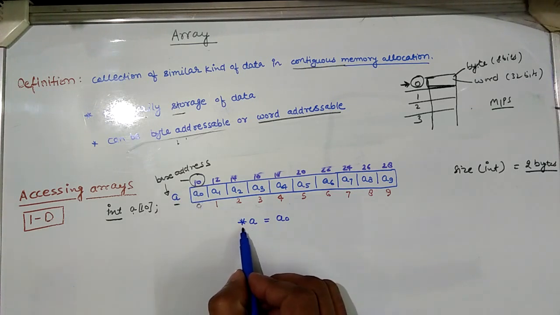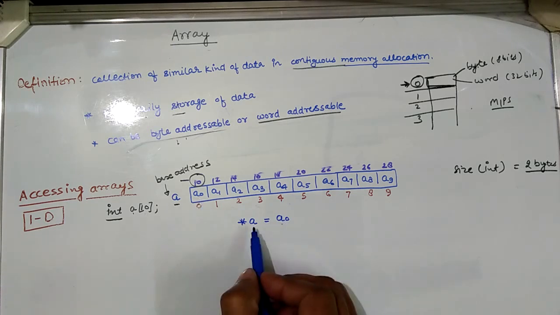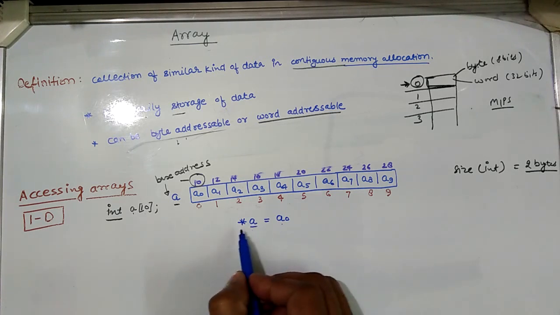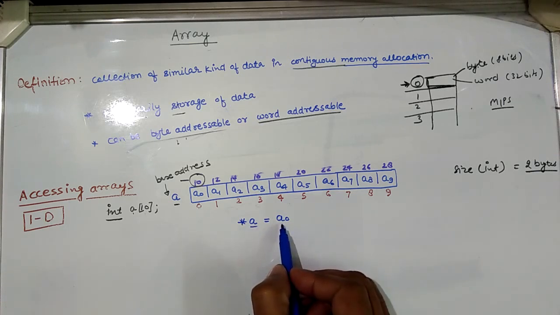So if you write star A, it will give the value stored at the first memory location. Star A means the value at that address, and the value at that address is A0.